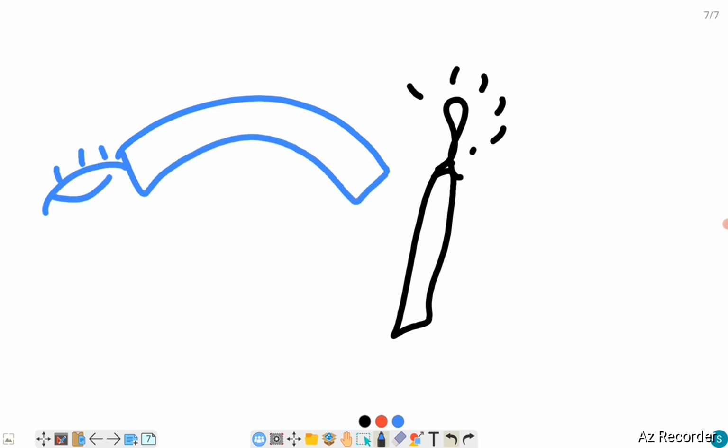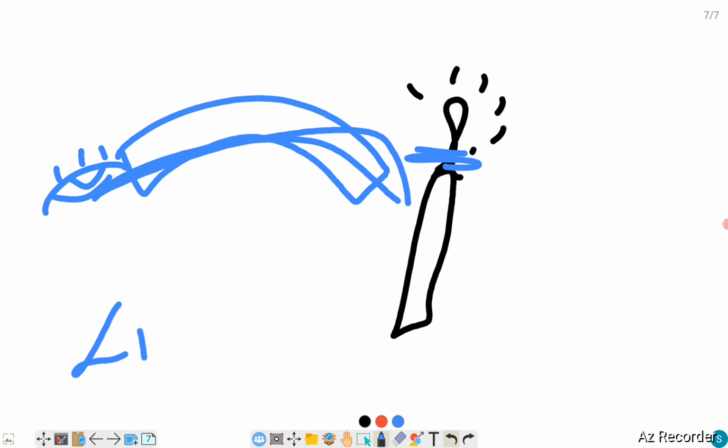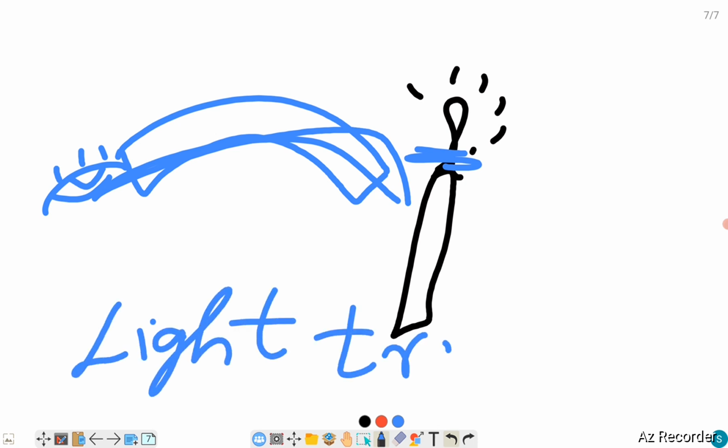Now your vision is like this. You cannot see this light. Correct? That's why with this activity you will understand that light travels in a straight line.